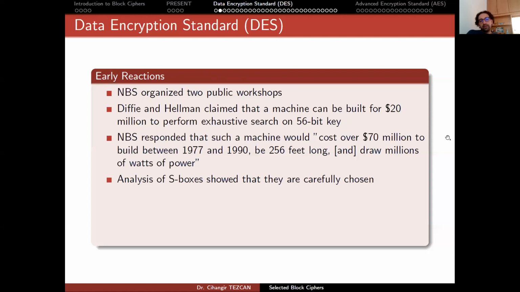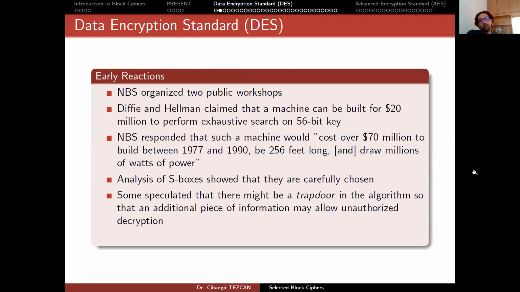Analysis of the S-boxes showed that they are carefully chosen. This was because NSA tweaked the algorithm. Some speculated that there might be a trapdoor in the algorithm, so that an additional piece of information may allow unauthorized decryption. To this day, we haven't seen any trapdoor, and the crypto community never observed such a trapdoor. So we are assuming that there's no such thing.